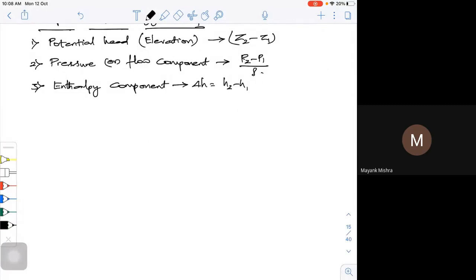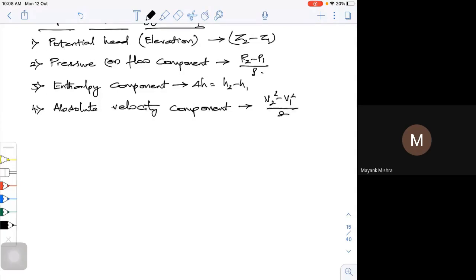Other than this, we have three other components which are very important in velocity triangles. The first is the absolute velocity component. I can write it as V1 square minus V2 square by 2 for a turbine, or V2 square minus V1 square by 2 for a compressor or a pump.